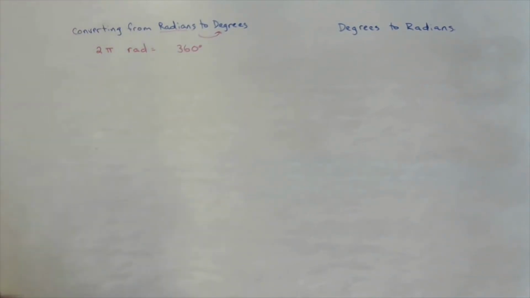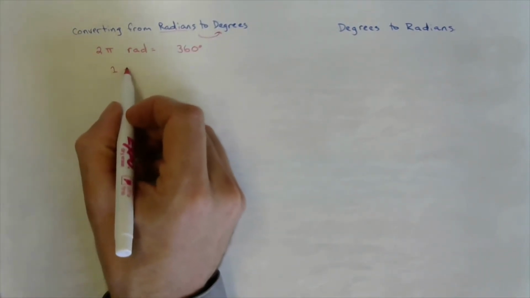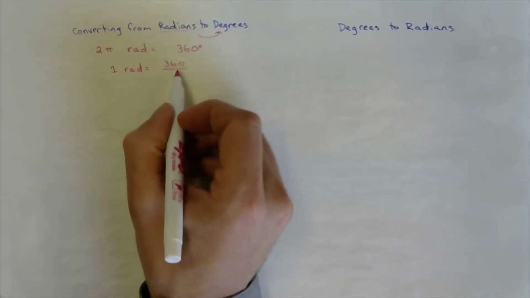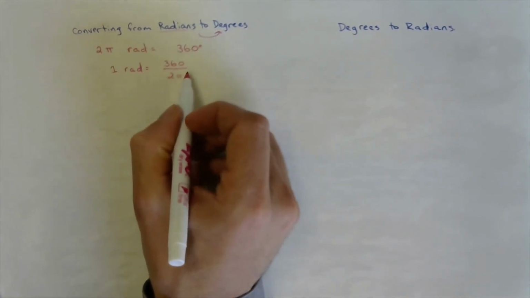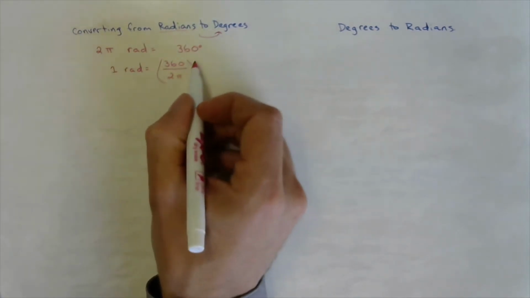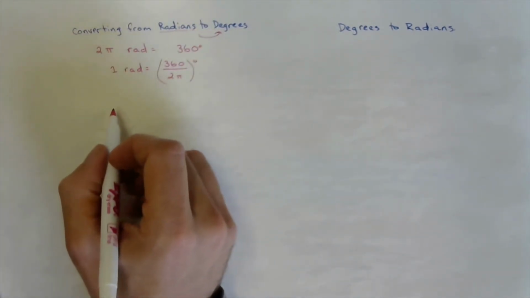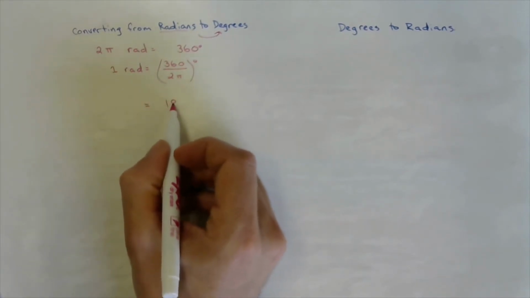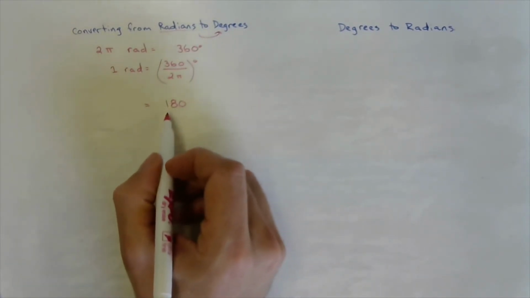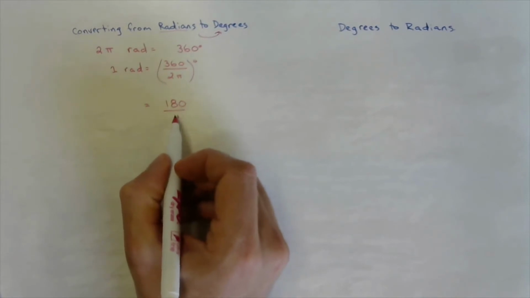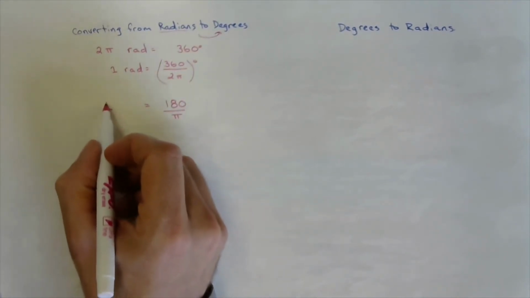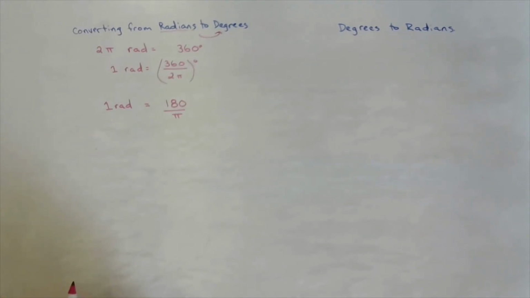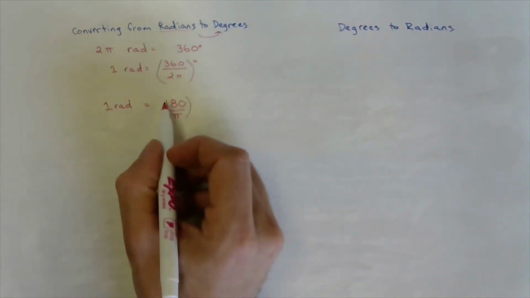So if we divide both sides by 2 pi, then on the left we'll get 1 radian, and it'll be equal to 360 divided by 2 pi degrees. Well, 360 divided by 2 is 180. 180 over pi. That is 1 radian.